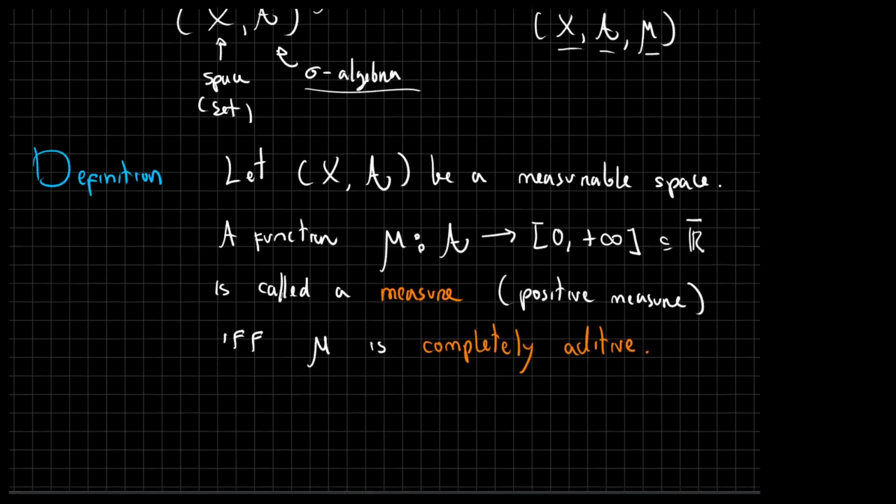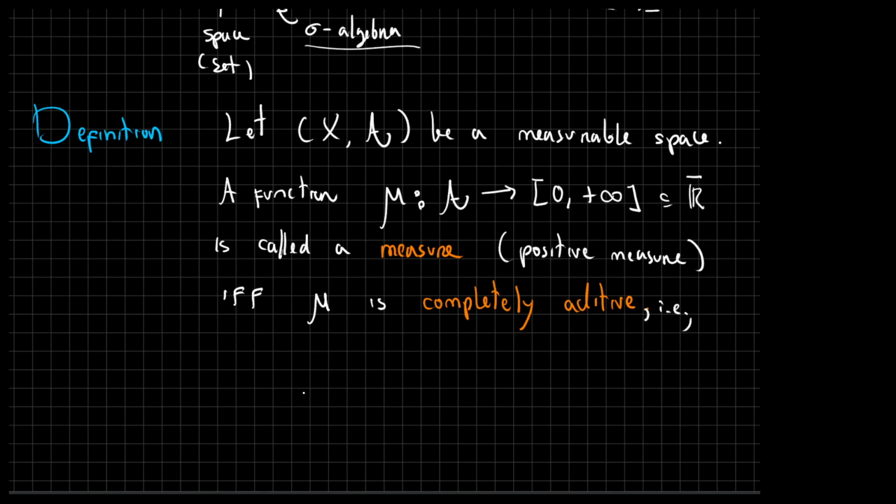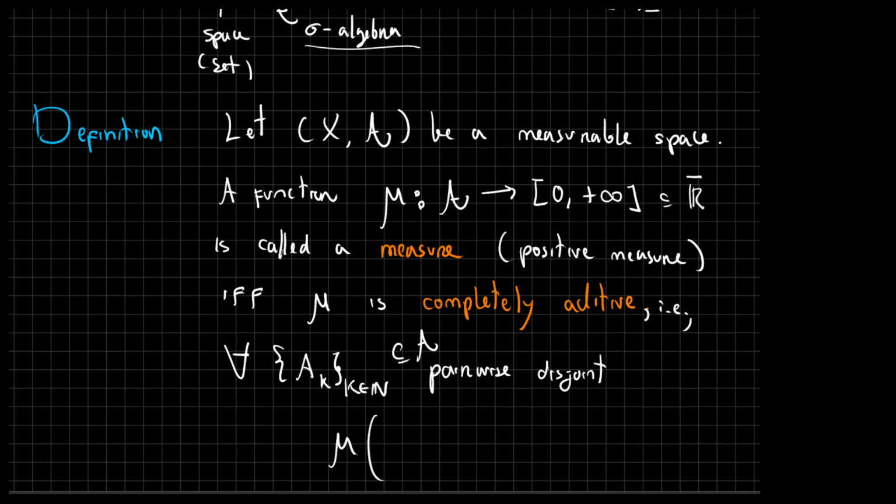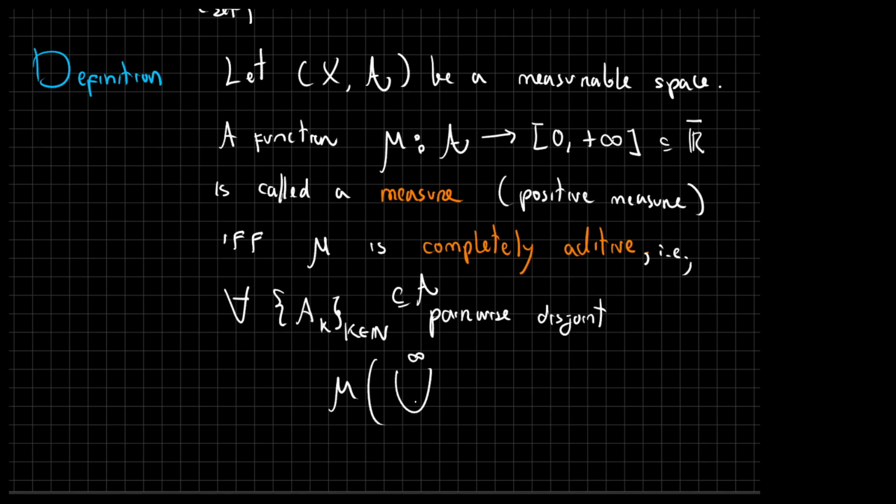This concept means that for every family that is pairwise disjoint, so this is some family in the sigma algebra, of course, we have that the function evaluated in the countable union of these elements is equal to the value of this series, right?